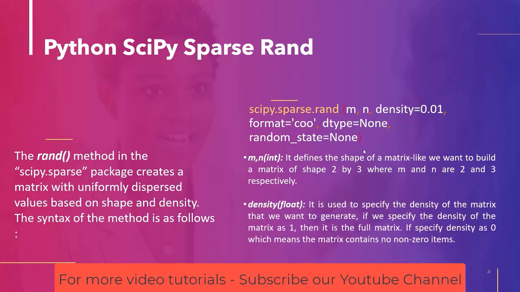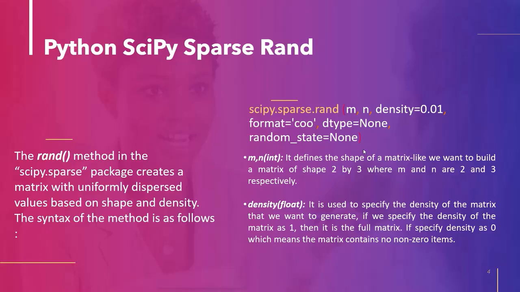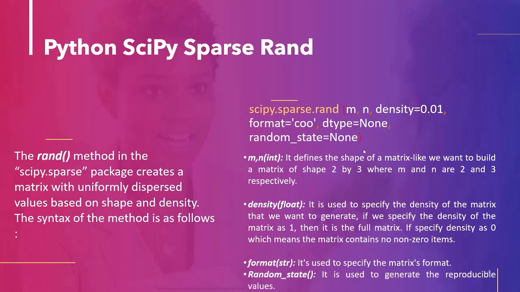Density, the density of the created matrix. A full matrix has a density of 1, whereas a matrix with no non-zero entries has a density of 0. Format, which is used to specify the format of the sparse matrix. Random state, which is used to generate repeatable results.